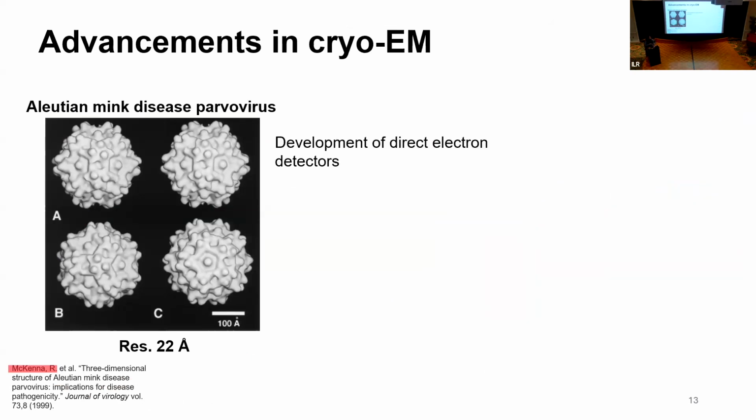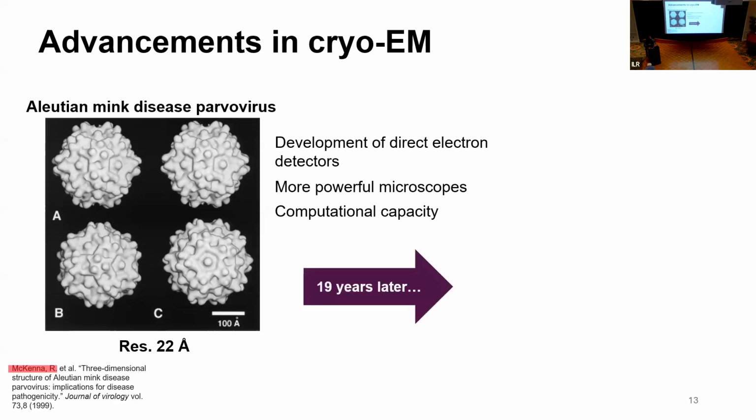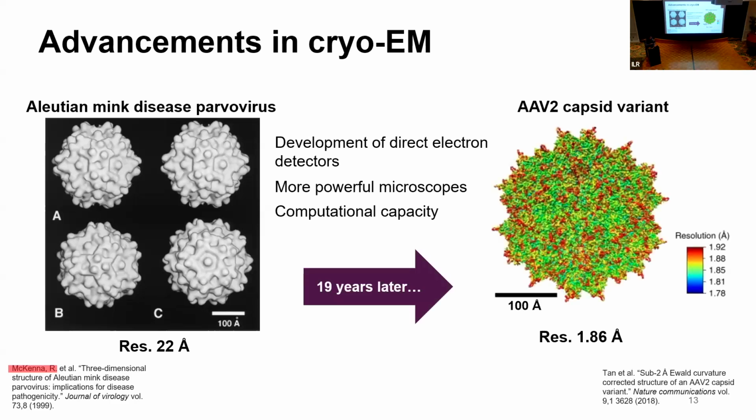But with advancements of better detectors, as well as more powerful microscopes and better computers, with HiPerGator we now have much better supercomputing power. 19 or 20 years later, we now have a structure that looks much clearer like this. And what's really cool is my mentor worked on this structure back in 1999 of a parvovirus.